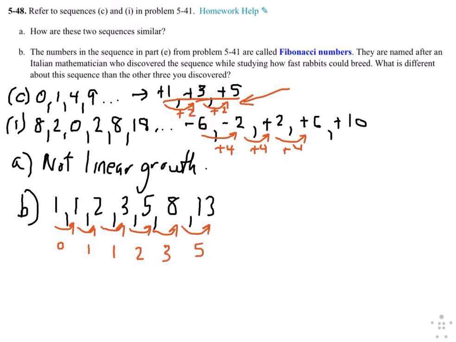I think it's interesting that the change, if I were going to answer this question, I would say that it's different in the sense that the change or the growth itself, these numbers in red, is actually the original sequence, right? Because the original sequence is 1, 1, 2, 3, 5. And the change is 1, 1, 2, 3, 5.